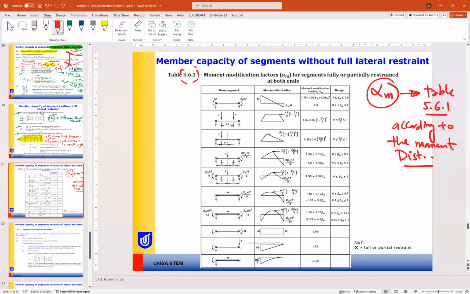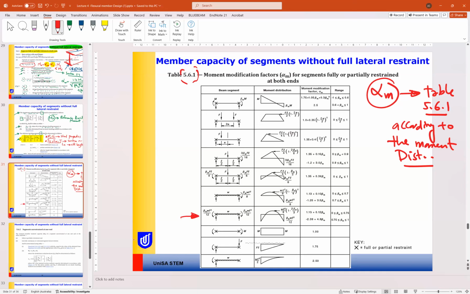So for example, if we have this one in a frame, let's assume this one.